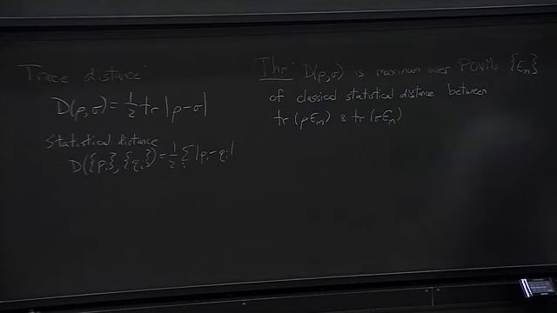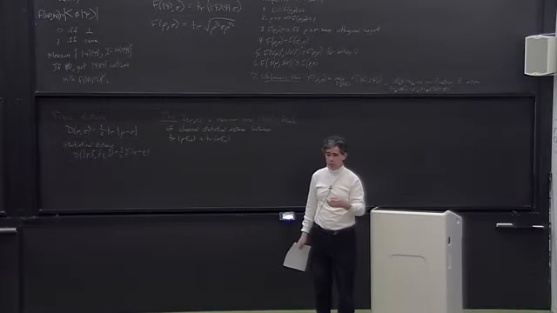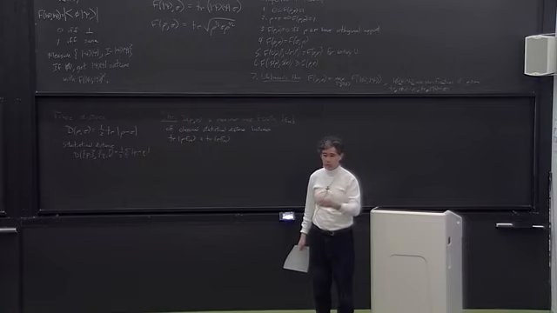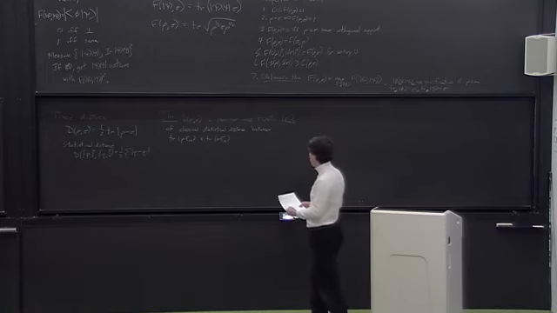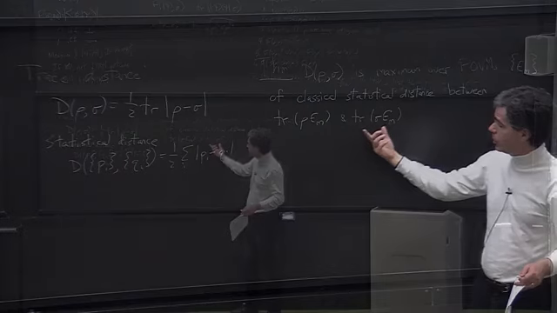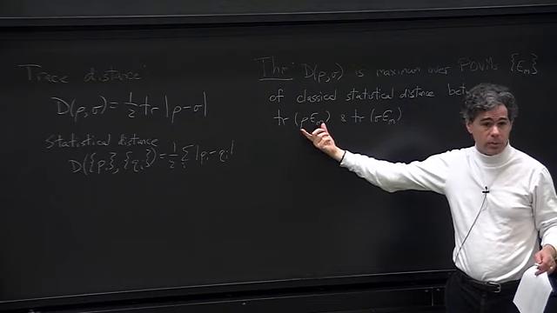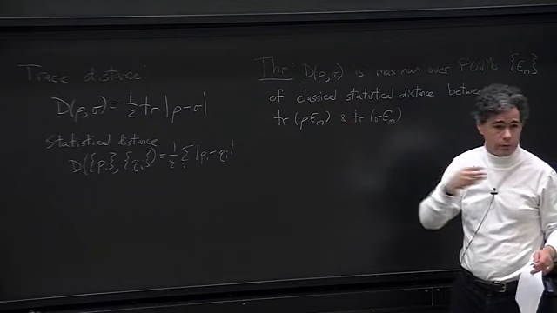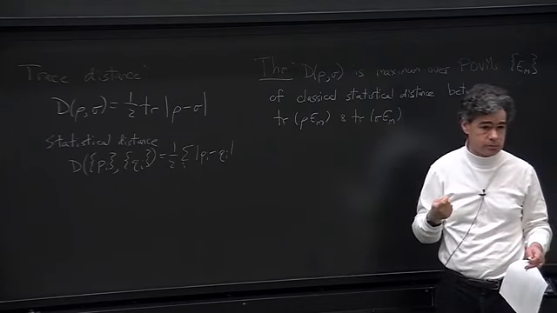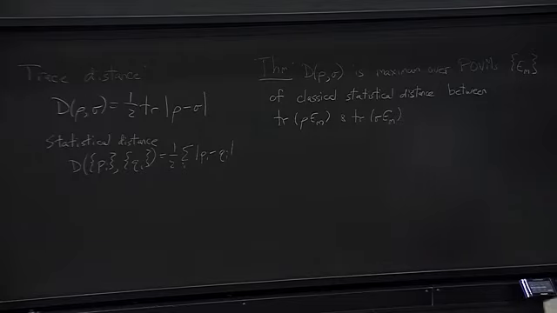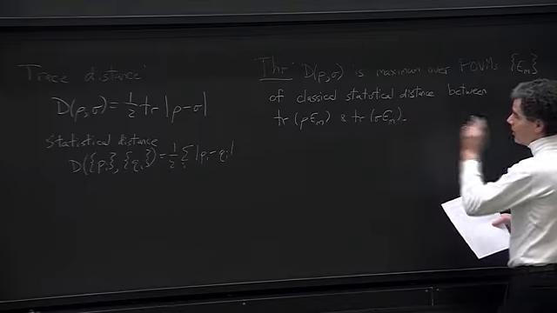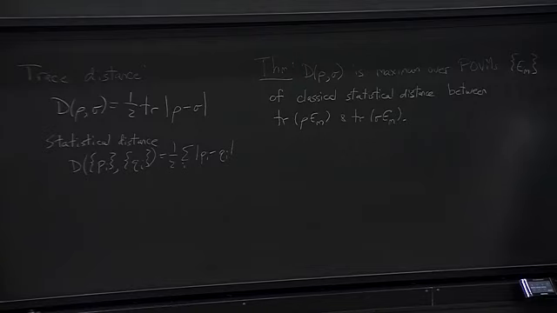So in other words, if you want to best distinguish between rho and sigma, you figure out the best POVM to do that. And the best one will be the one that has the biggest statistical distance between the outcome probability of measuring that POVM on rho versus the outcome probability of measuring it on sigma. And the reason that this is the best thing to do is because this lets you give the best guess of whether you have rho or sigma, presuming you had 50% chance of each.